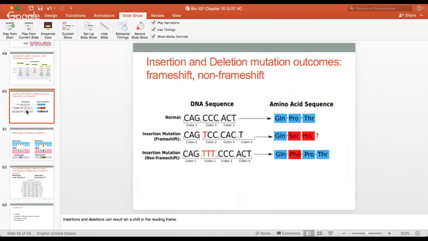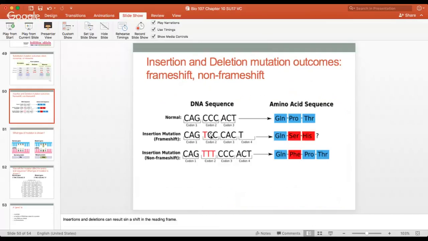Insertion or deletion, we're either putting in a new letter or taking out a letter. And there are two types of mutations for insertion and deletion: frameshift and non-frameshift. A frameshift mutation for an insertion would be we put in one letter, and that bumps this codon, which is supposed to be CCC, over.